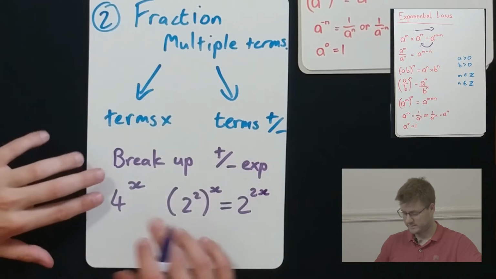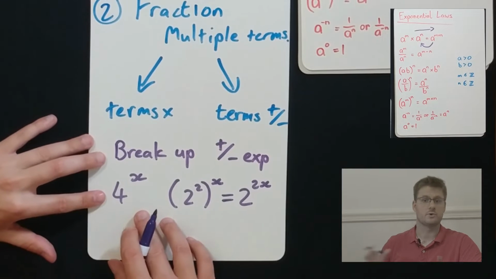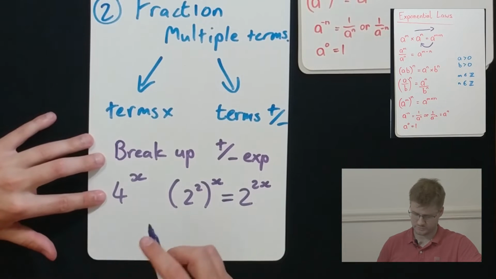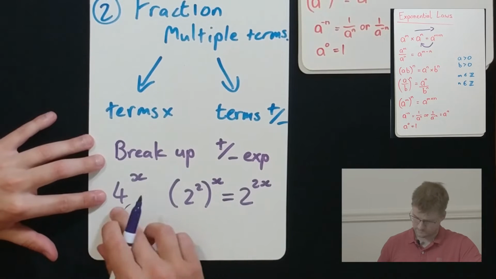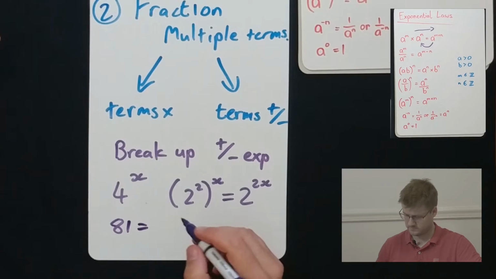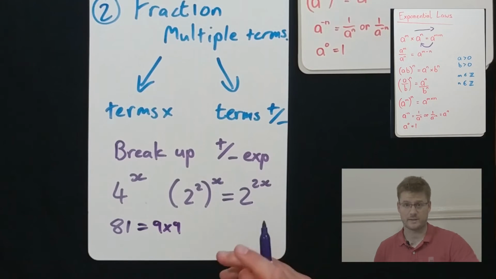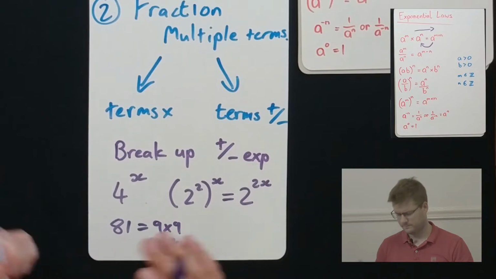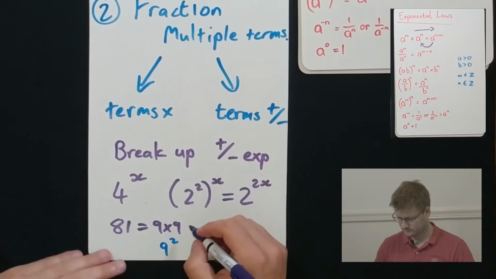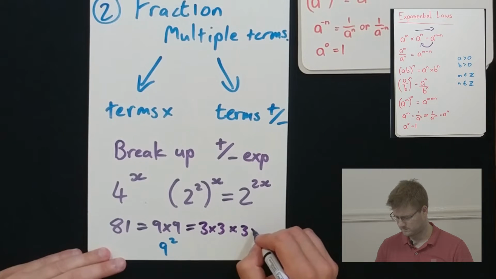And this idea of decomposing into prime factors can be done for most of the values that you will see in your questions. For example, 81 we can think of as 9 times 9. Or if we wanted to, we could write that as 9 squared. But 9 times 9, each of those 9s can be seen as 3 times 3.